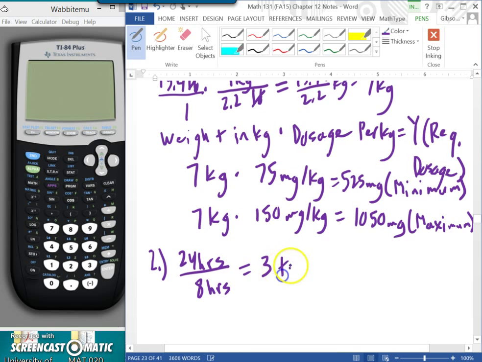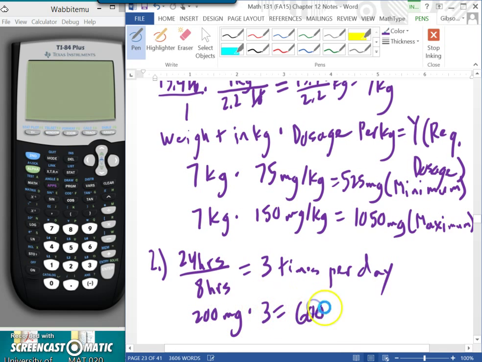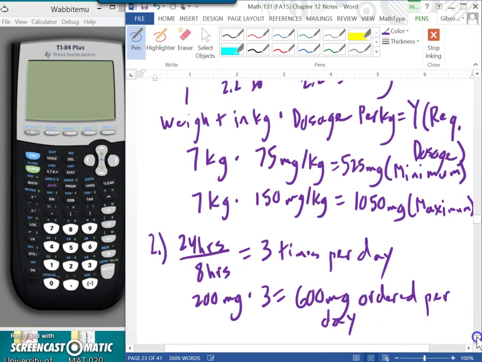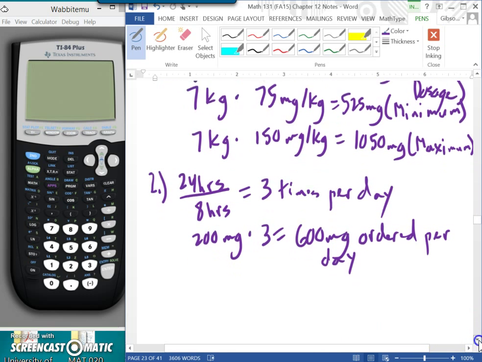So it'll be 3 times per day. We would take our 200 milligrams and multiply by 3, and that would give us 600 milligrams ordered per day. So that's how much the doctor ordered.